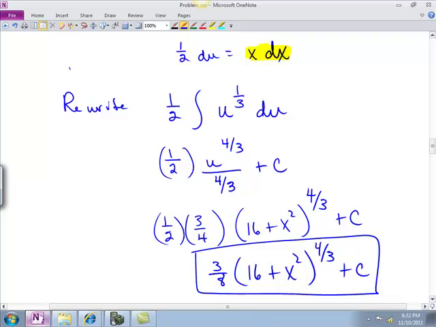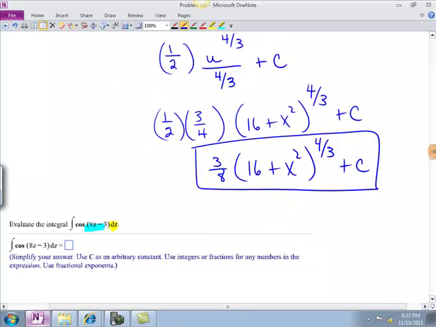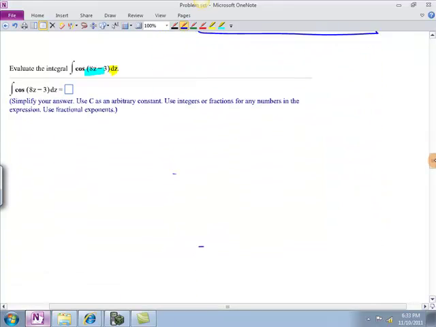But I tend to think it's going to be okay. You would have the cube root of 16 plus x squared to the 4th. The denominator here goes in the index here. Okay. All right. Now you're ready to try that guy on your own.